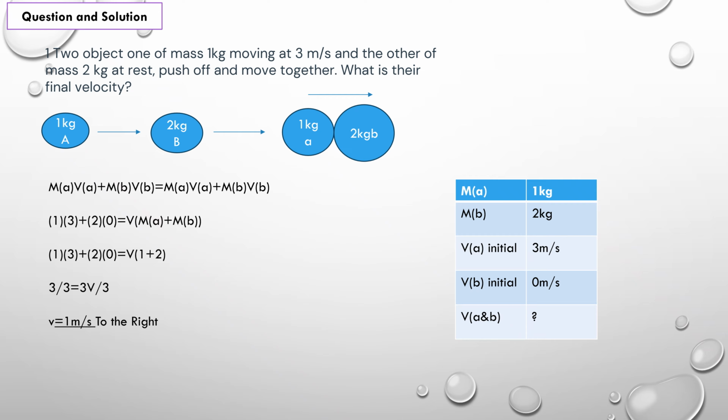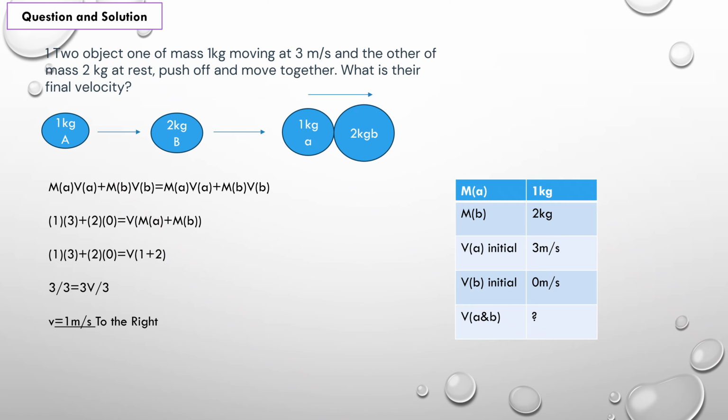So we're having a mass of object A times the velocity of object A plus a mass of object B times the velocity of object B is equal to a mass of object A times the velocity of object A plus a mass of object B times the velocity of object B. So they say in the statement, they push off and move together.